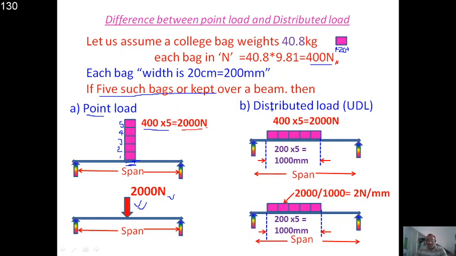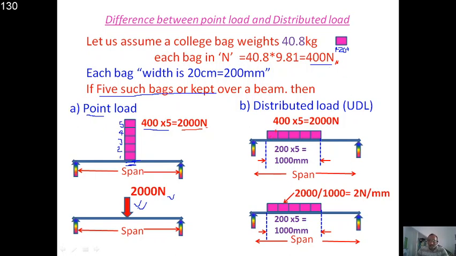In a similar way, if I am interested in finding the distributed load, I have to arrange the bags side by side. For the point load, I reduced the contact area, hence I kept the bags one on top of each other. Now, to increase the contact length of all the bags, I place the bags side by side to get the distributed load.